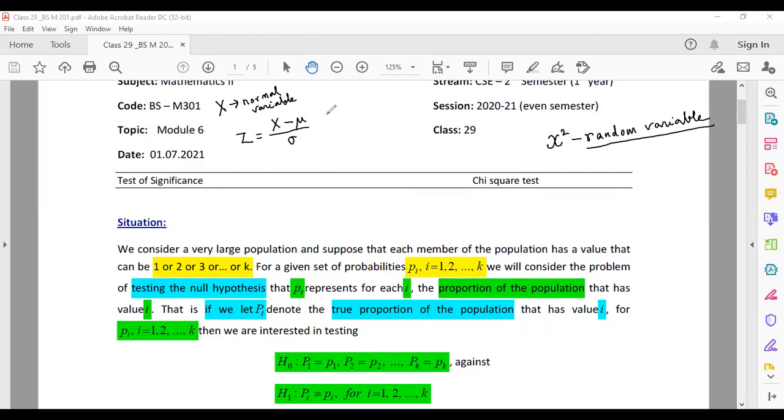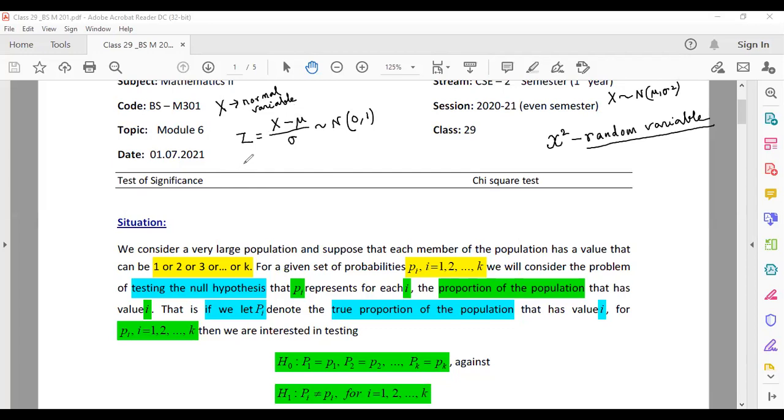We all know that if capital X is the normal variable with mean mu and variance sigma square, then Z is the normal variable which follows the normal distribution with mean 0 and variance 1, or standard deviation 1.